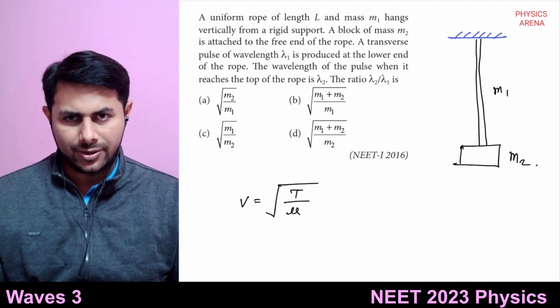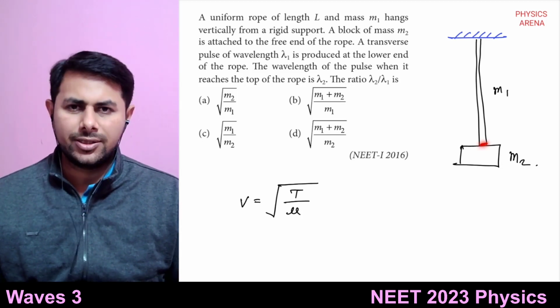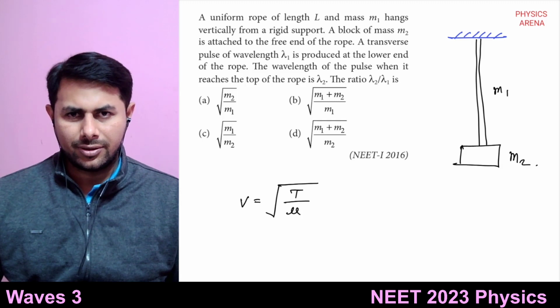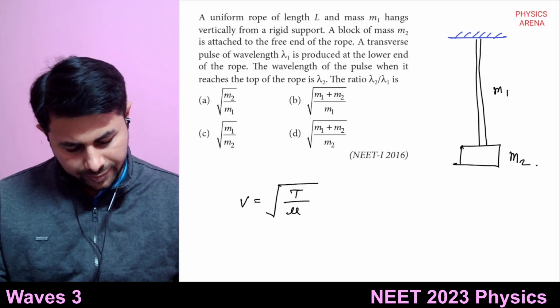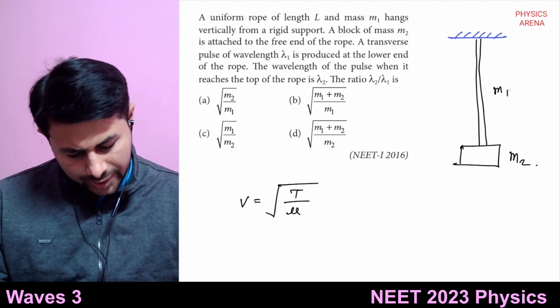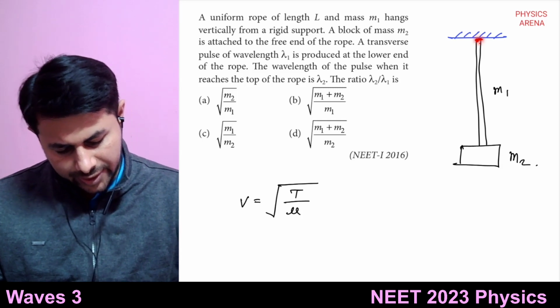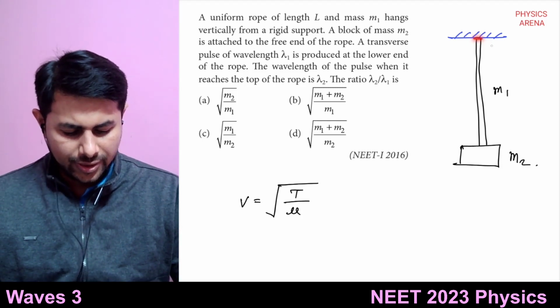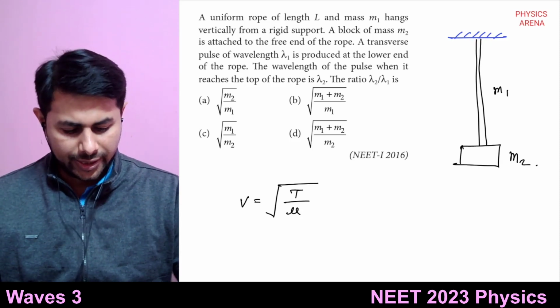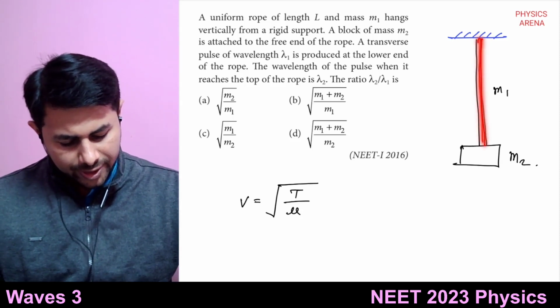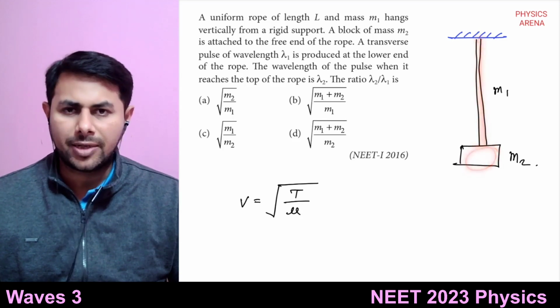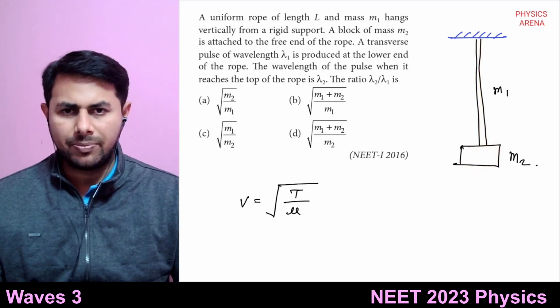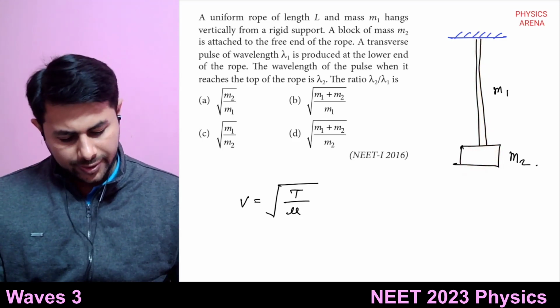It's m2 into g, so tension at this point is just m2 into g. And when it reaches here, the tension will be much more. It will be the weight of this part plus this part, so it is m1 plus m2 multiplied by g.